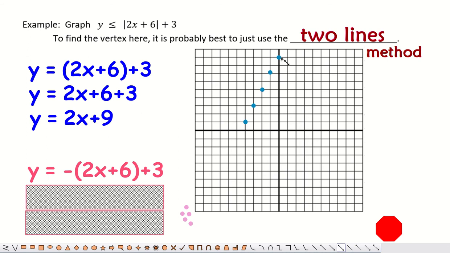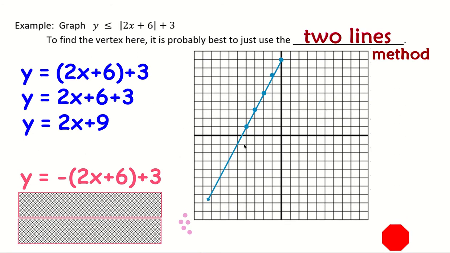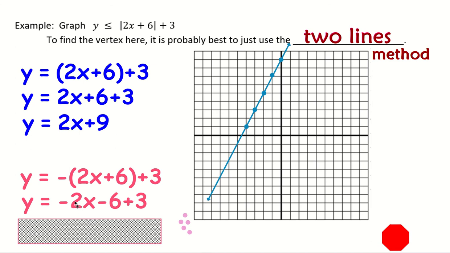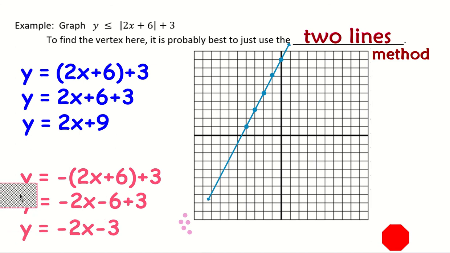And again, very lightly. There's my first line from my quote-unquote positive case. For my negative case, first you're going to have to distribute the negative. That makes it negative 2x minus 6 with the plus 3. And ultimately we end up with y equals negative 2x minus 3.